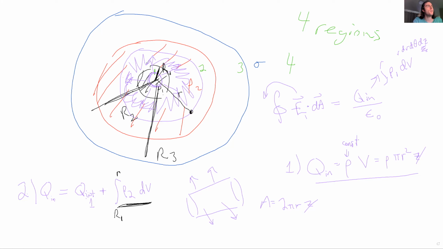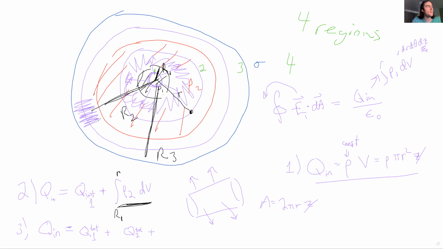Okay, same thing for region 3 now. If we put a sphere in region 3, now we have in region 3 the total amount of charge inside that region is equal to the total amount of charge in region 1 plus the total amount of charge from region 2, plus, and then we integrate the charge density in this region right here.